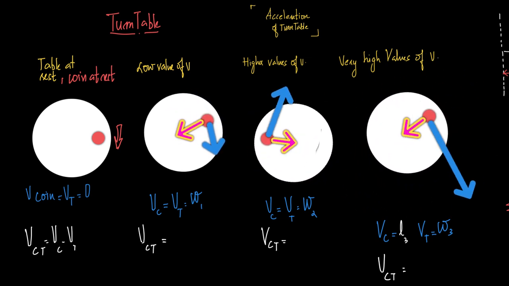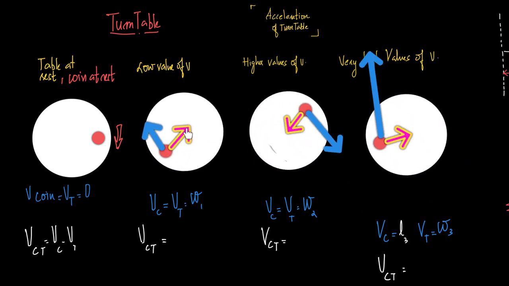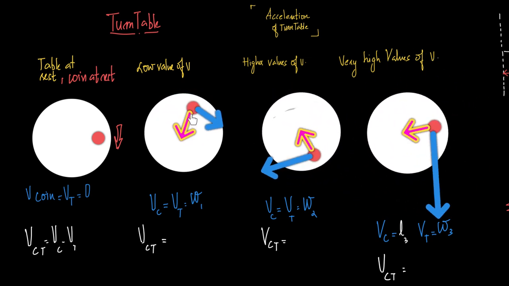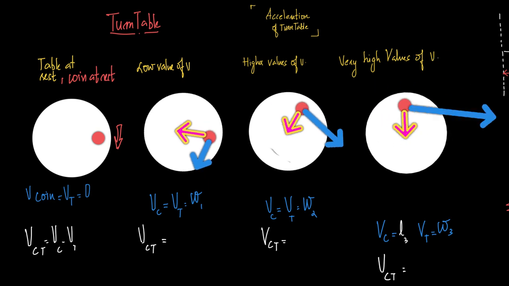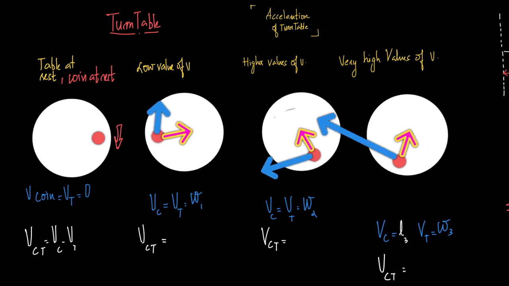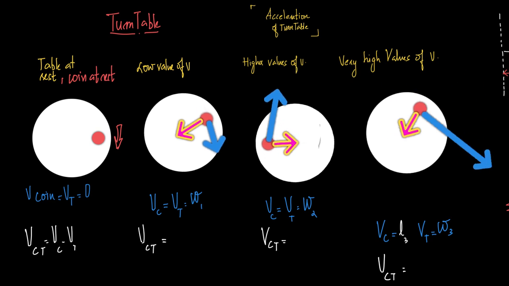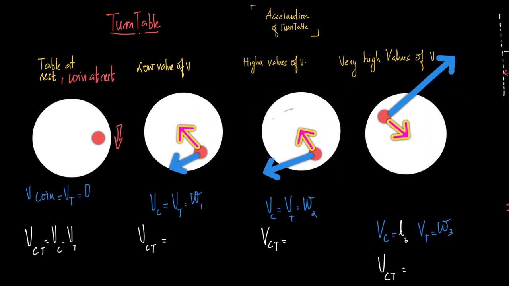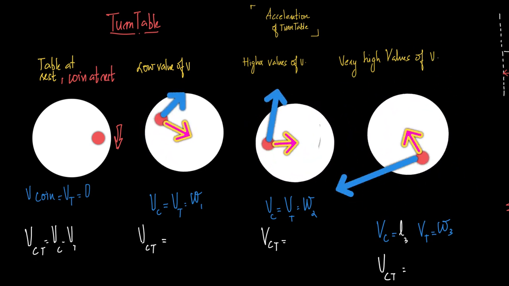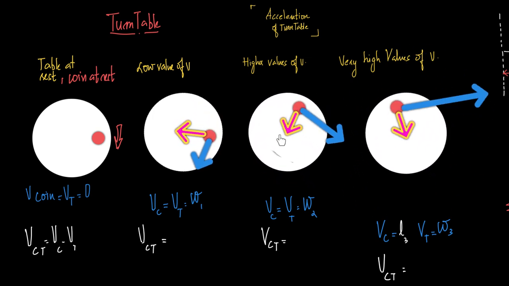Now there is another component which we call the centripetal force, which will always act radially inwards. So these are the two components which are present: one velocity and one force acting upon the coin which is placed on the table. For higher values of v, the velocity vector would be larger, and the centripetal force, which is acting towards the center, will remain the same.